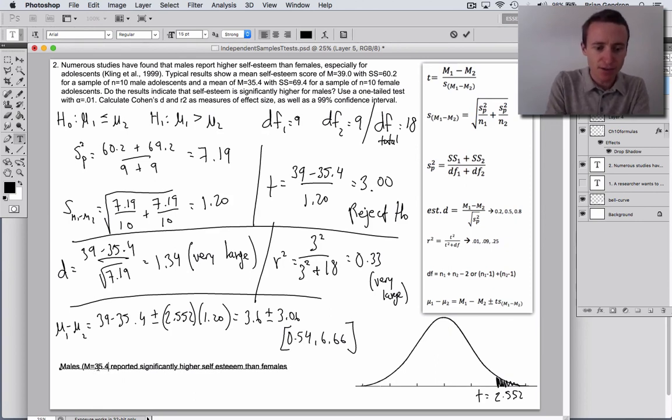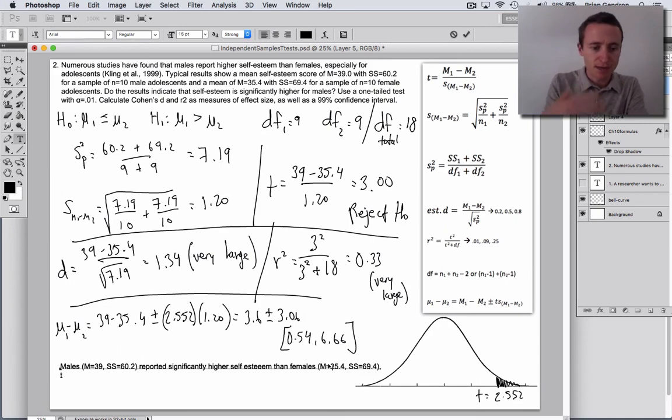So for males, the mean was 39, and the measure of variability we have is sum of squares, which was 60.2. And for females, the mean was 35.4, SS equals 69.2.